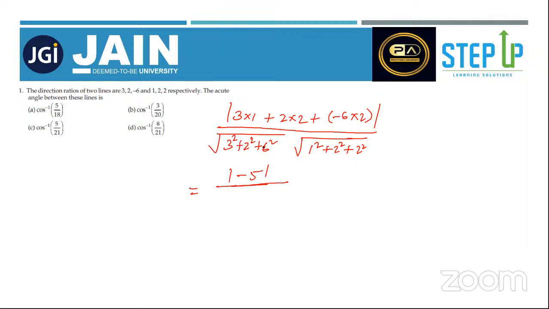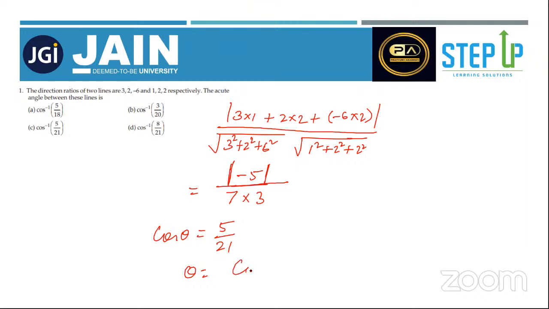And here we are getting 36 plus 4 is 40 plus 9, 49. Square root of 49 is 7. And here we are getting 4 plus 4, 8 plus 1 is 9. Square root of 9 is 3. So answer is 5 by 21. So cos theta equal to 5 by 21.